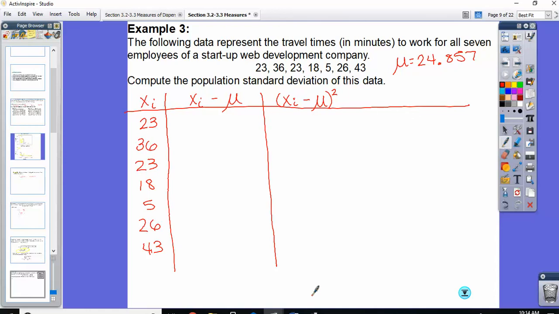I will say that on this, if you round too much on your mean, it will throw your answer off quite a bit, so it's very important to show me your work. 3 to 4 decimal places is usually good. So for each of these, I'm going to do my number, so 23, minus my mean, 24.857.